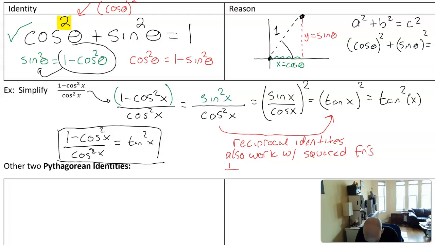So like 1 over sine squared x is the same as cosecant squared x, for example. And not everyone immediately recognizes that, but it is actually true because you're just squaring the thing, and the rules of exponents guarantee that that's true.